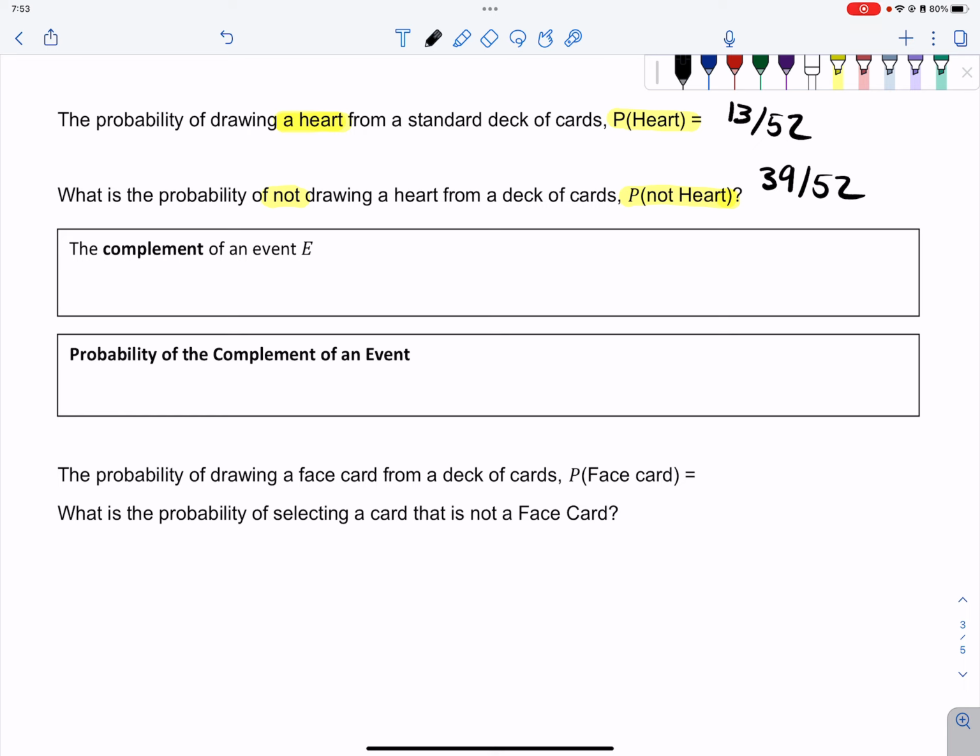So if we have an event E, the complement of it, we are going to call E, and then it gets sort of an exponent notation of being C to denote that it is the complement.